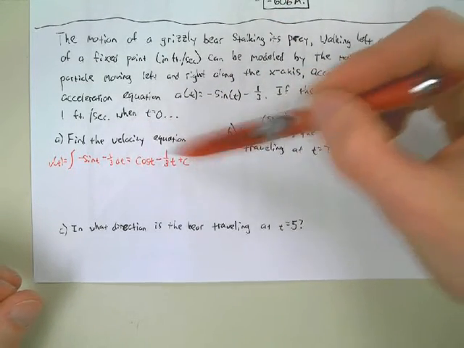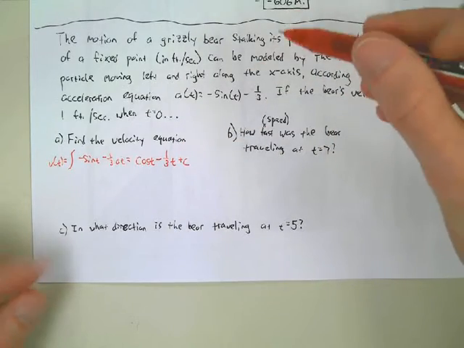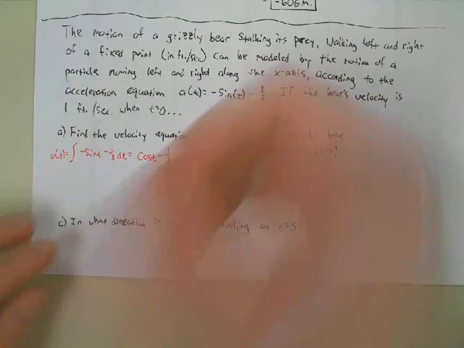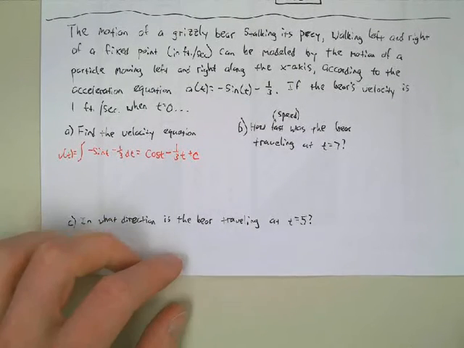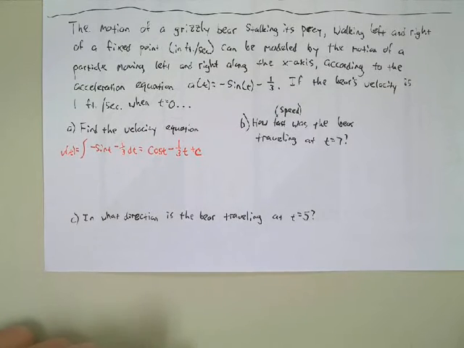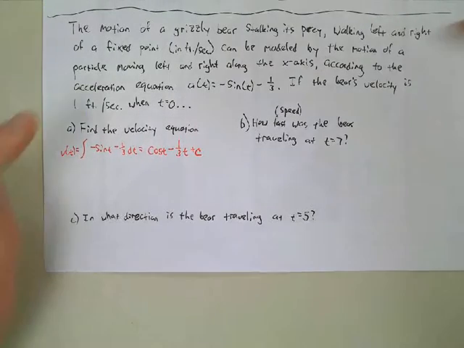Okay, so now what? Is that it? We're not done with even A yet. We have to figure out what C is. So what information can we use to find the value of C? The bear's velocity is 1 at time t equals 0.